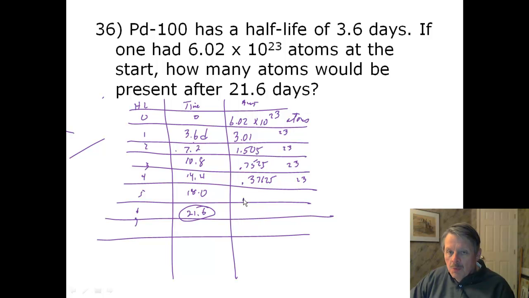And then 0.188125 times 10 to the 23rd, and then 0.0941 times 10 to the 23rd. Now if I make this into proper scientific notation, this becomes 9.41 times 10 to the 21st molecules, or atoms. And that's how much I have left.